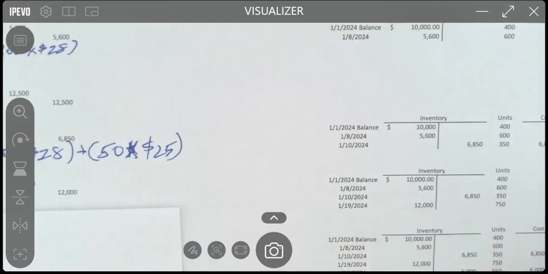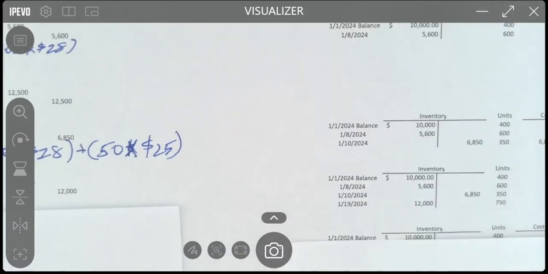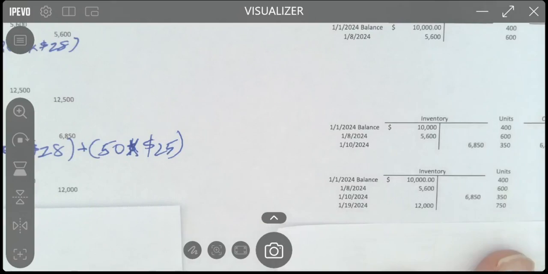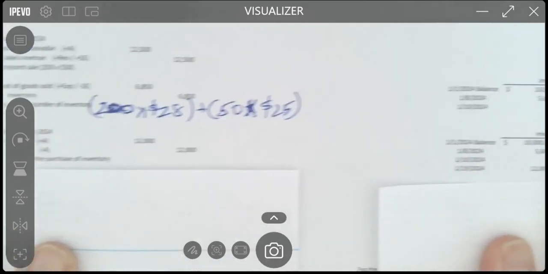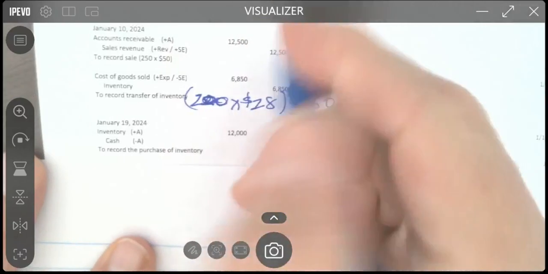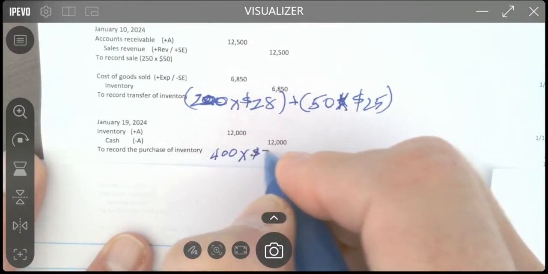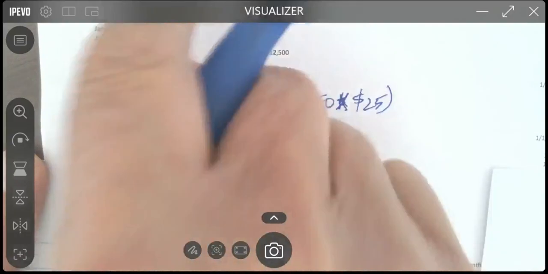January 19th. We make that purchase, which was again 400 at 30.